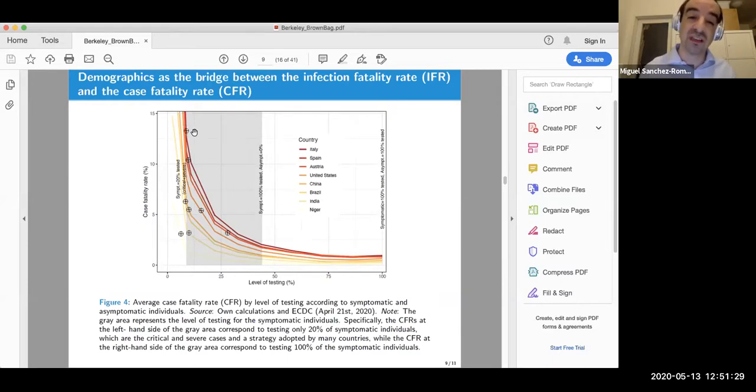So what we are seeing is that, based on the model, most of the countries are just testing those who are critical or severe, so mainly those who are at hospitals. Only two countries here are not doing that: the United States and Austria. Austria is one of the leading countries in terms of tests per capita.